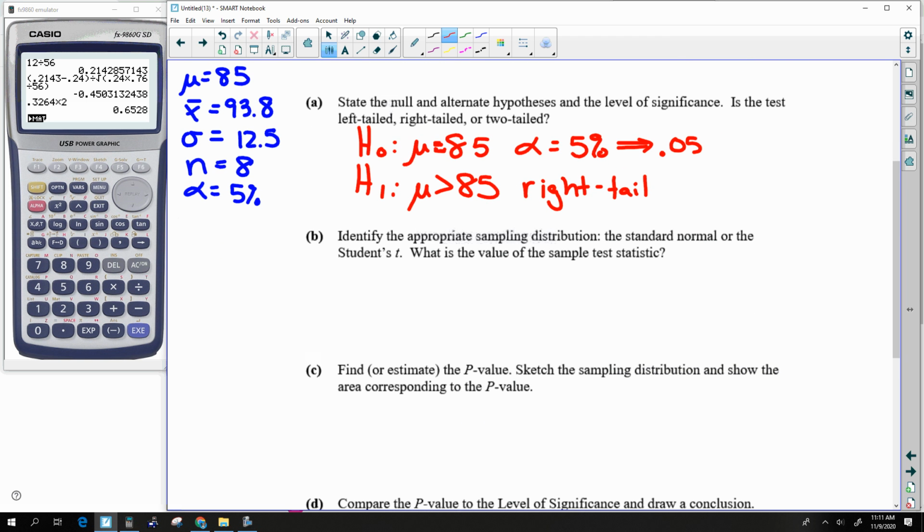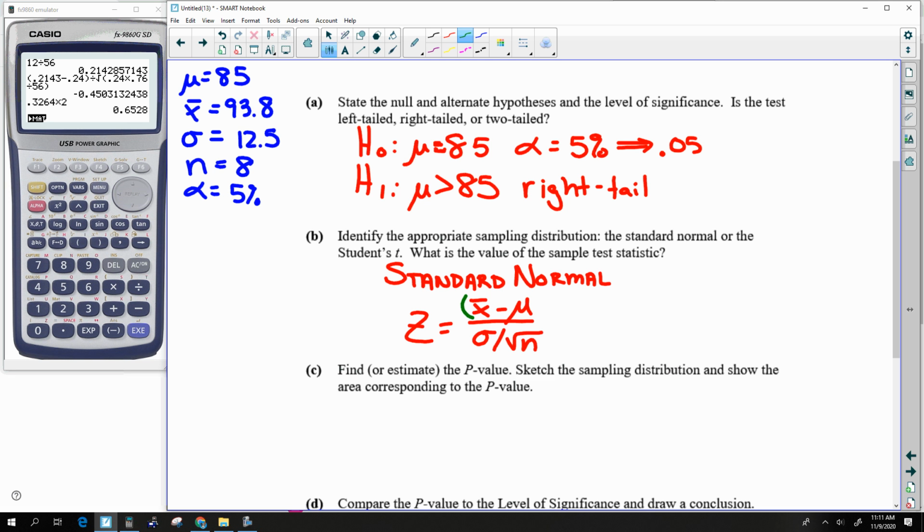Okay, because this does have a sigma, this is going to be a standard normal. Which means z, and the one using the sigma is x bar minus mu over sigma divided by the root of n.